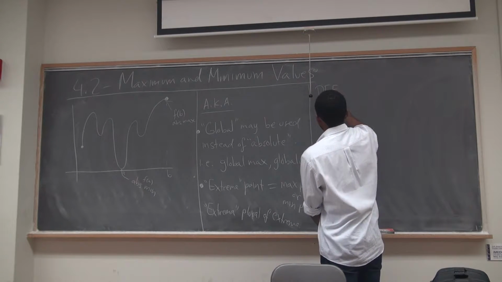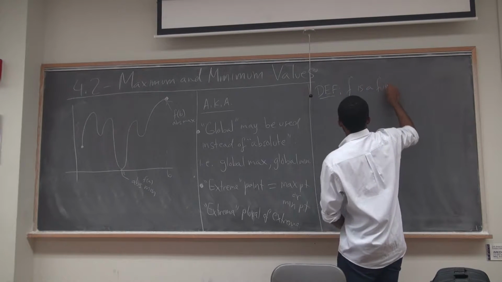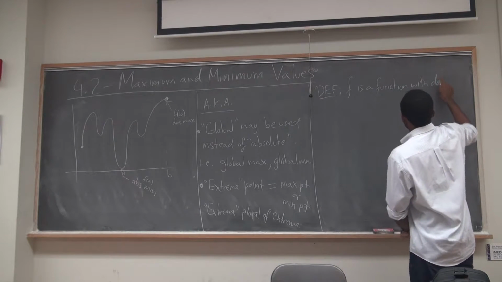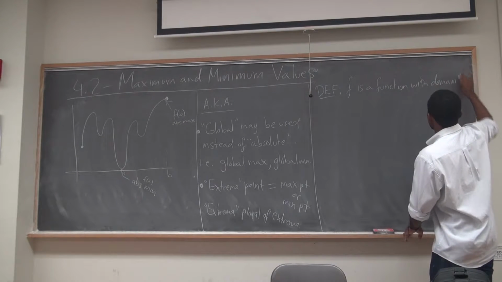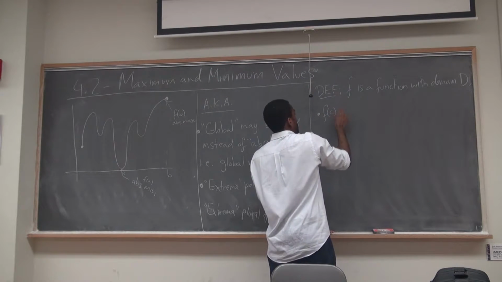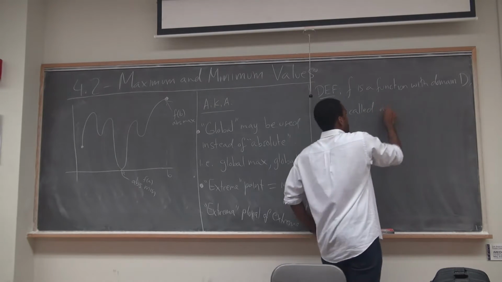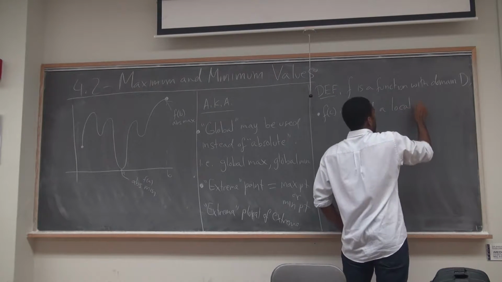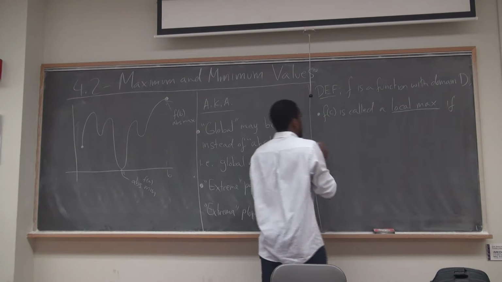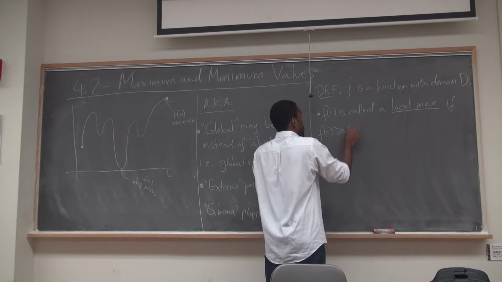So again, f is a function. f of c, where c is in the domain of f, is called a local max if f of c is greater than or equal to f of x.